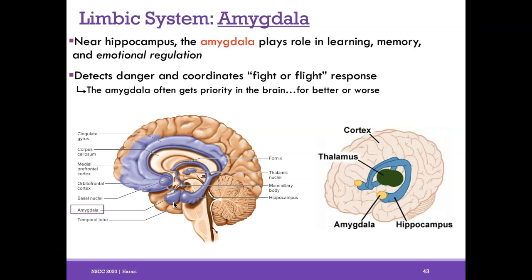So what I'm saying is, if you hear something loud or you see something scary, that information goes to your reticular formation, thalamus, amygdala, before you're even consciously aware of what it is you're scared of. So the cerebral cortex is the last to find out that information, right? It goes brainstem, thalamus, amygdala, then cortex.